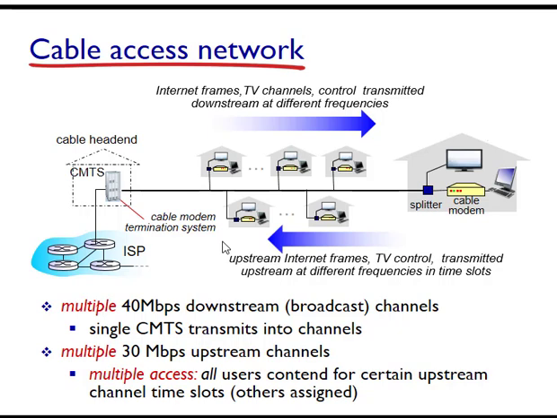The upstream direction, however, is much more interesting and much more technically challenging, since multiple cable modems share the same upstream channel or frequency to the cable modem termination system, and collisions can potentially occur.